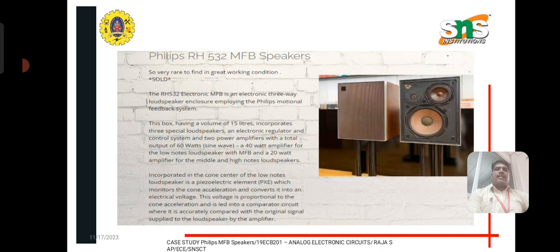First, this feedback was used in the Philips generation of RH532 motional feedback speakers. It is very rare and was used in the old generation. This RH532 is an electronic MFB speaker having a three-way loudspeaker enclosure, employing the Philips motional feedback system.